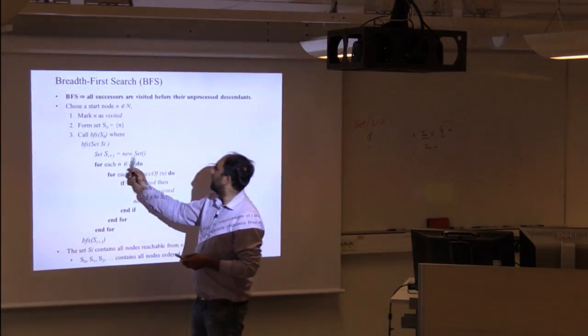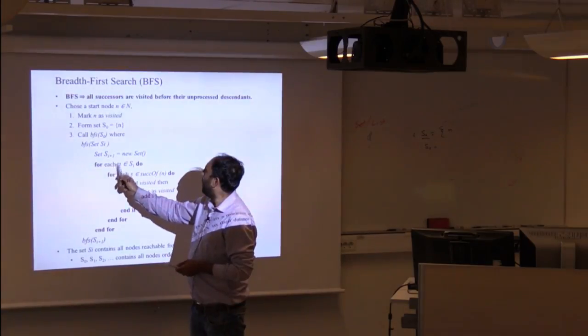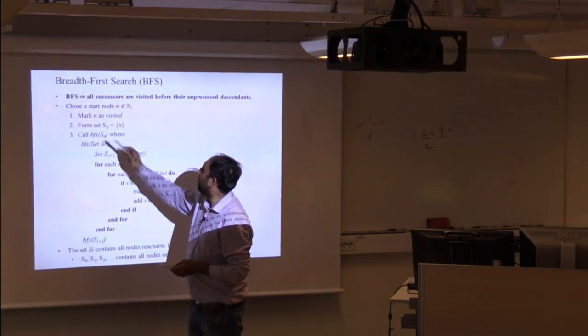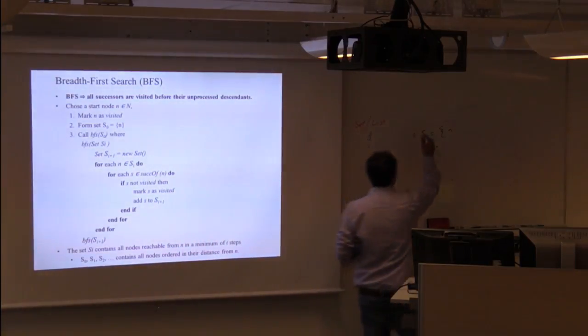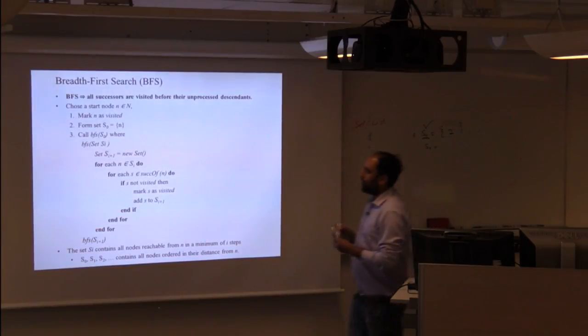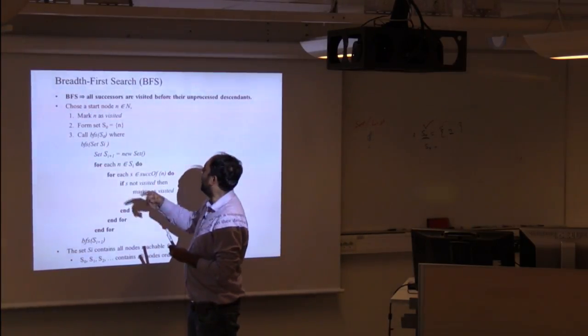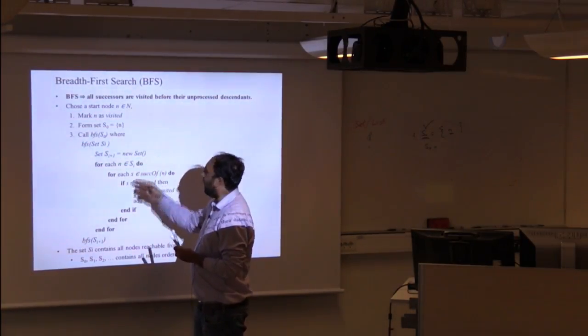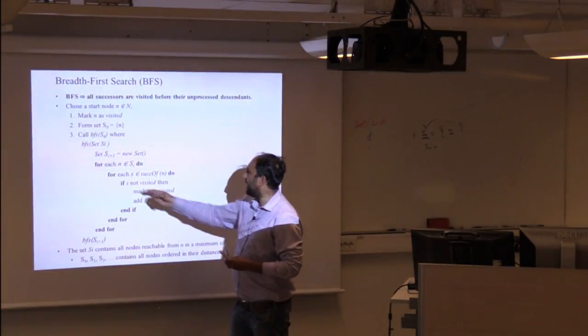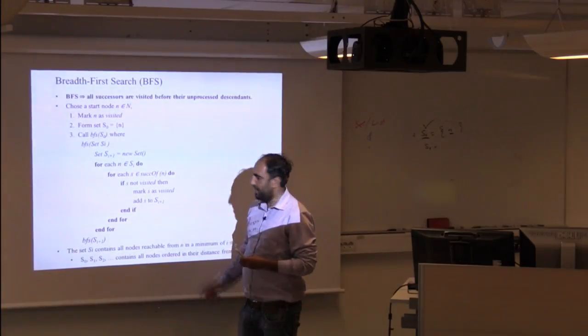And in this set, for each n that belongs to the Si, remember Si here is this S0, for each n that belongs to this set, we look at all of its successors, and for all of its successors, we check if it is not visited.